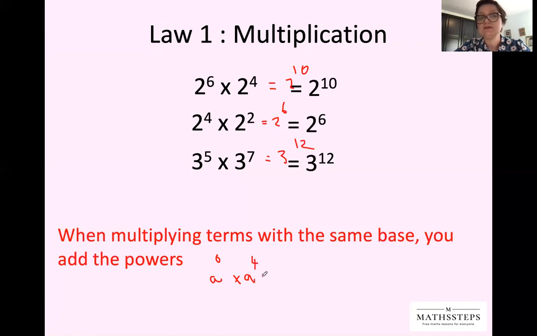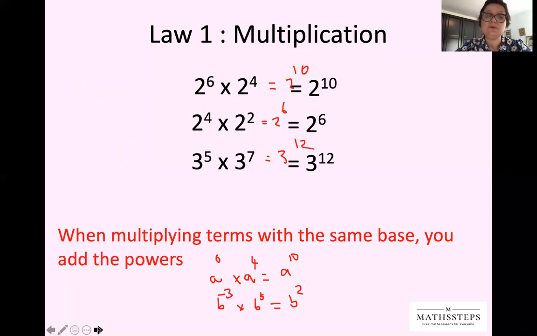And the answer to this one is going to be a to the power of 10. Or b to the power of minus 3, let's say, times b to the power of 5. Again, it doesn't matter if the power here is negative, you apply exactly the same rule, so minus 3 plus 5 is 2. So the answer is going to be b to the power of 2.